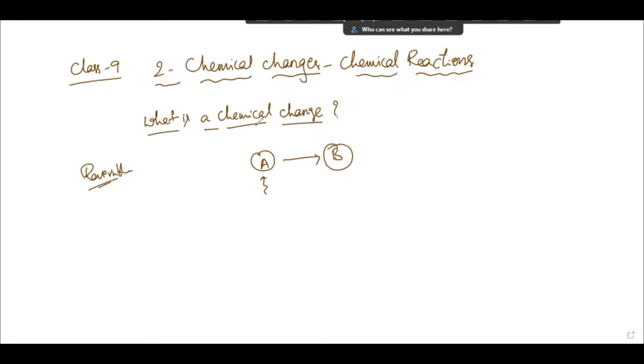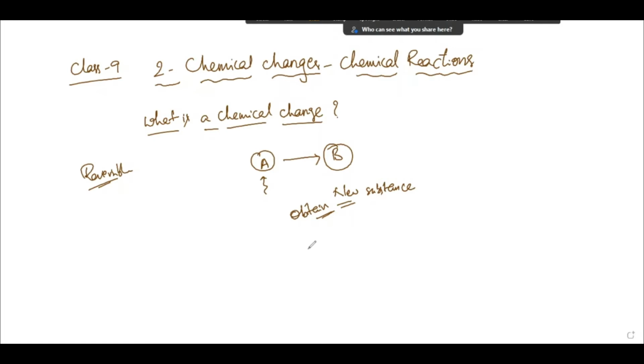So A becomes a new substance, then this change is called a chemical change. A chemical change is a process in which we obtain new substances, then it is called a chemical change.